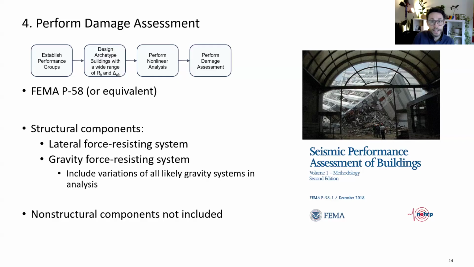Non-structural components are not included in this stage of the analysis, but we'll circle back to the notion of non-structural components and how they're captured in this qualification procedure. In this step, we're essentially aiming to understand how severe the damage is and how it is distributed throughout the structure for each archetype design variation when it's subjected to the DMAX functional recovery earthquake.